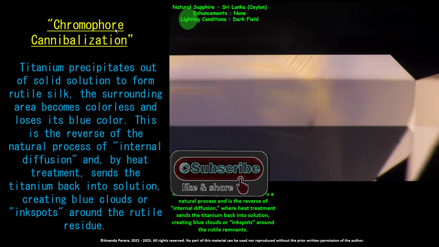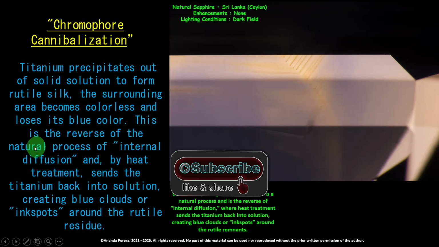Again, we are discussing the chromophore cannibalization. John Koivula presents this. Titanium precipitates out of solid solution to form rutile silk. When the stone is created, the surrounding area becomes colorless and loses its blue color.